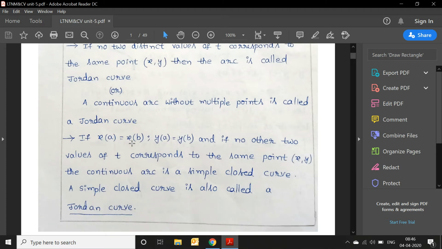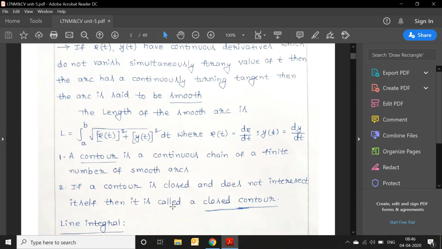If x(a) = x(b), y(a) = y(b), and no two other values of t correspond to the same point (x, y), the continuous arc is a simple closed curve. It means that if the curve starts at a and ends at b, and both points are equal, then that curve is a simple closed curve. A simple closed curve is also called a Jordan curve.